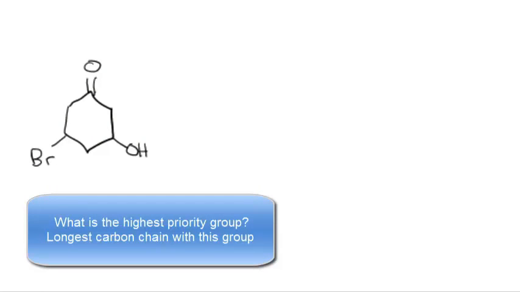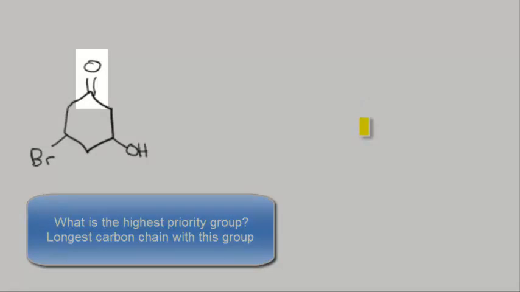For this compound, we have a cyclohexane ring with a carbonyl carbon, a bromine, and a hydroxyl OH hanging off of it.